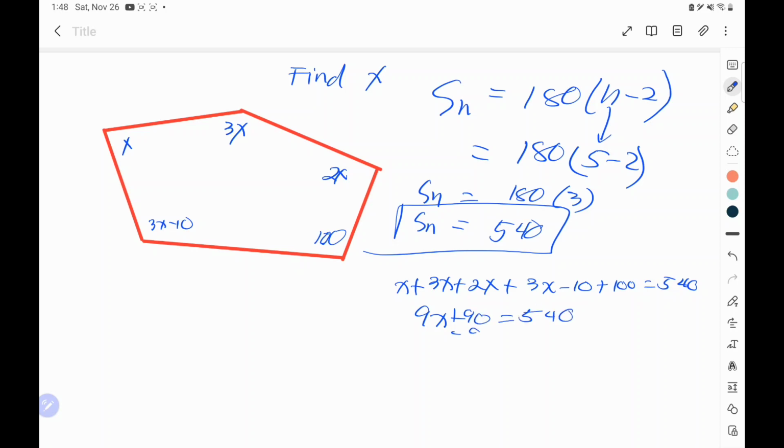Subtract 90 from both sides, so we have 9x is equal to 450. Divide both sides by 9, x is equal to 50. So the value of x here is 50 degrees. That's how to find the value of x there.